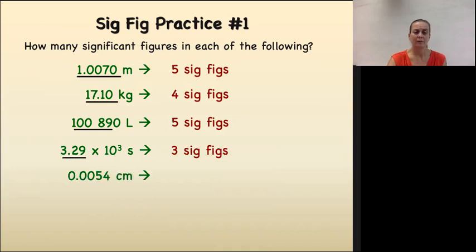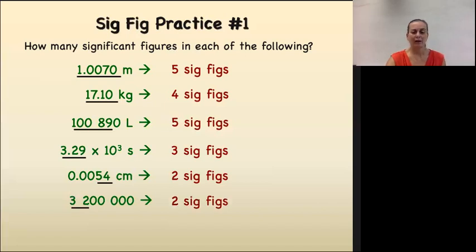And 0.0054 centimeters has only 2 sig figs. Oh, one more. 3,200,000 has 2 sig figs.